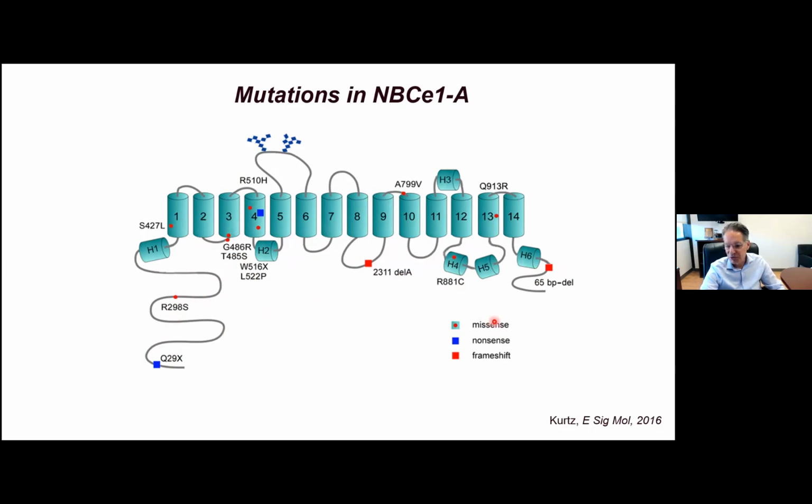And most of them are missense, where you have an amino acid substitution which stops the function. Some are nonsense, which means that you have a substitution that stops the creation of the entire protein. So there's one here where you only have 28 amino acids made, and then the protein just stops being made. So obviously that's going to be a major problem.